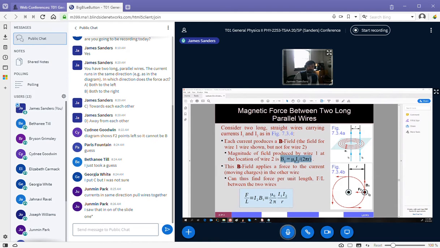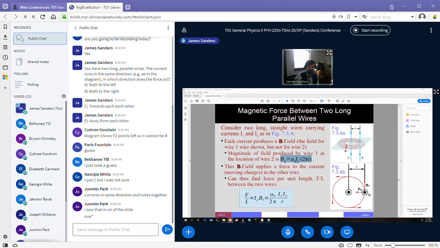So really the question we're asking is whether there is a force to the left or to the right on the wire that's on the left. And what you want to do is redraw this diagram, but now producing the magnetic field from this wire.